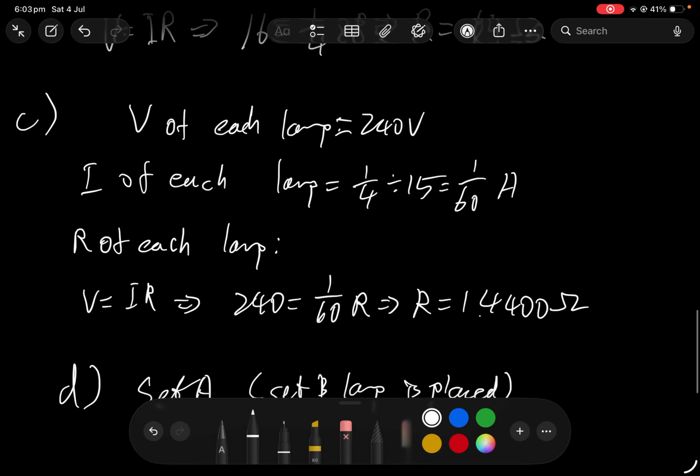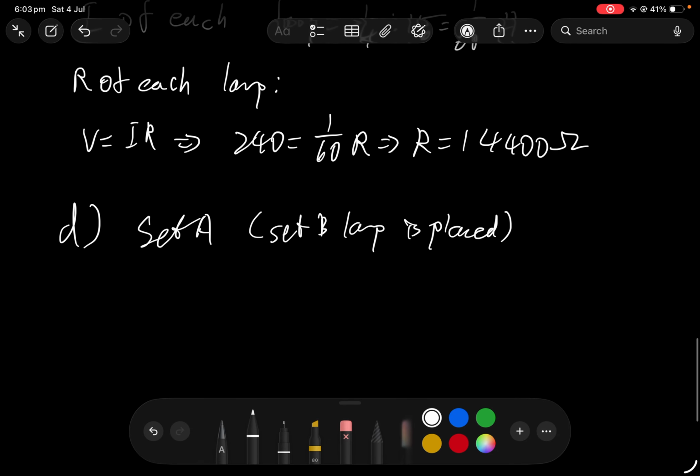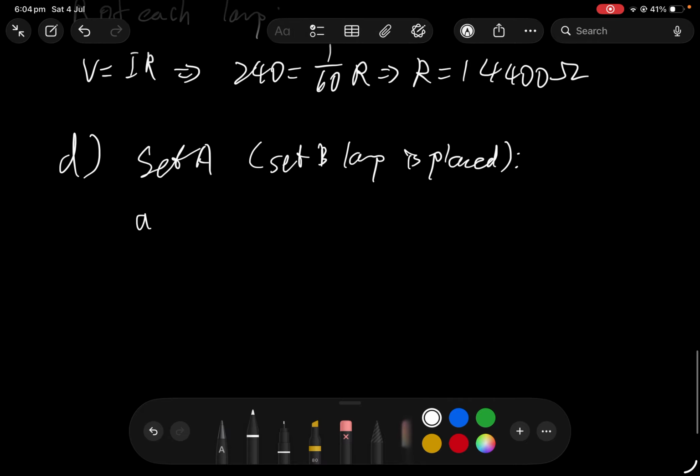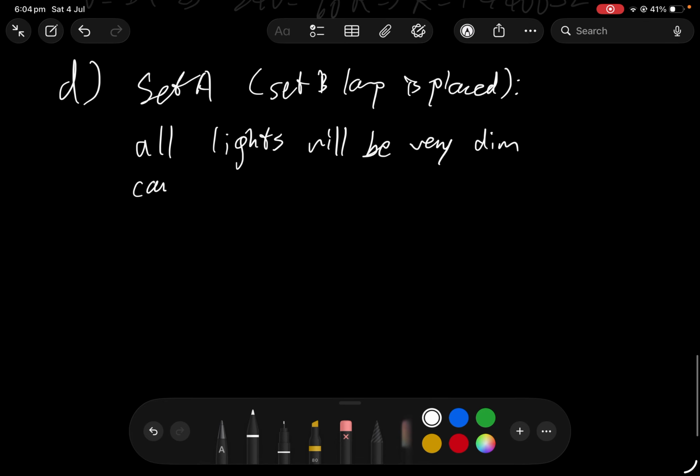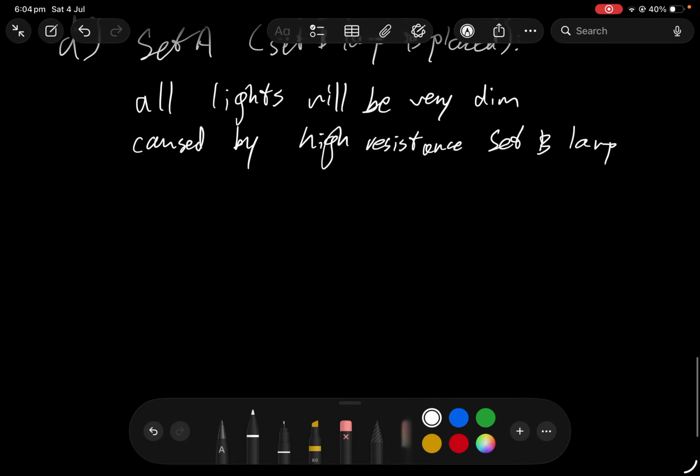When you put a 10,000 ohm one inside the set, the resistance is going to be really high, taking all the current from the rest of the lights, which means all lights will be very dim, caused by the high resistance of the set B lamp.